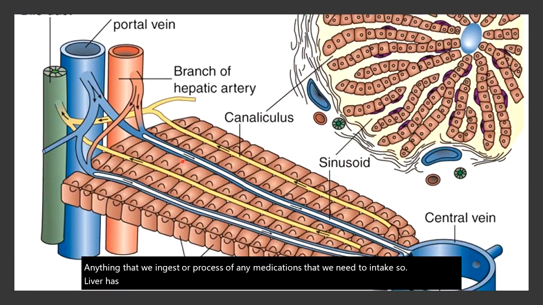In the liver, hepatocytes are responsible for producing bile acids, bilirubin, albumin, coagulation factors, especially those dependent on vitamin K, detoxification of any toxin that we ingest, and also processing some aggressive factors like, for example, alcohol.